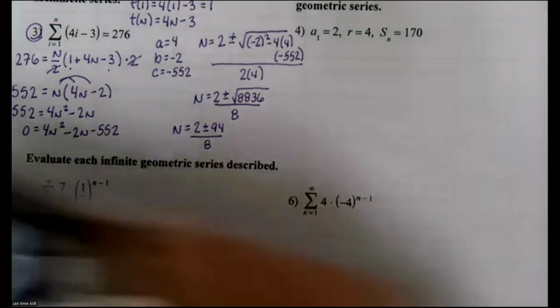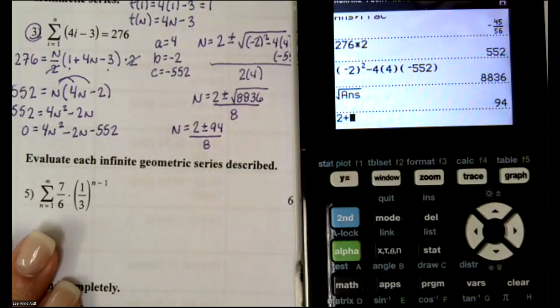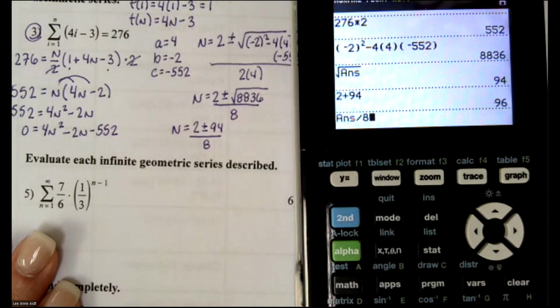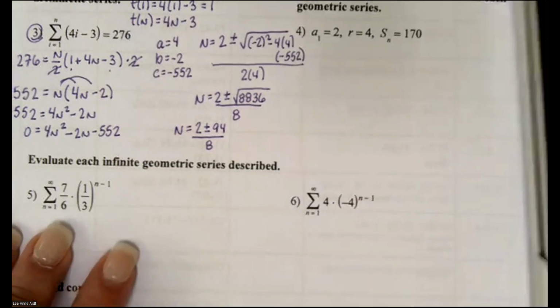And again, we only need the plus one. 2 plus 94 divided by 8 is 12.